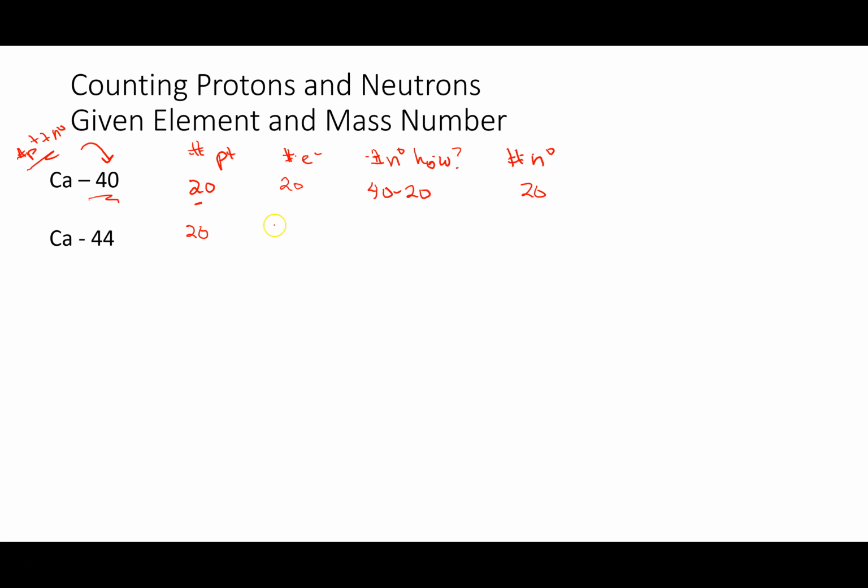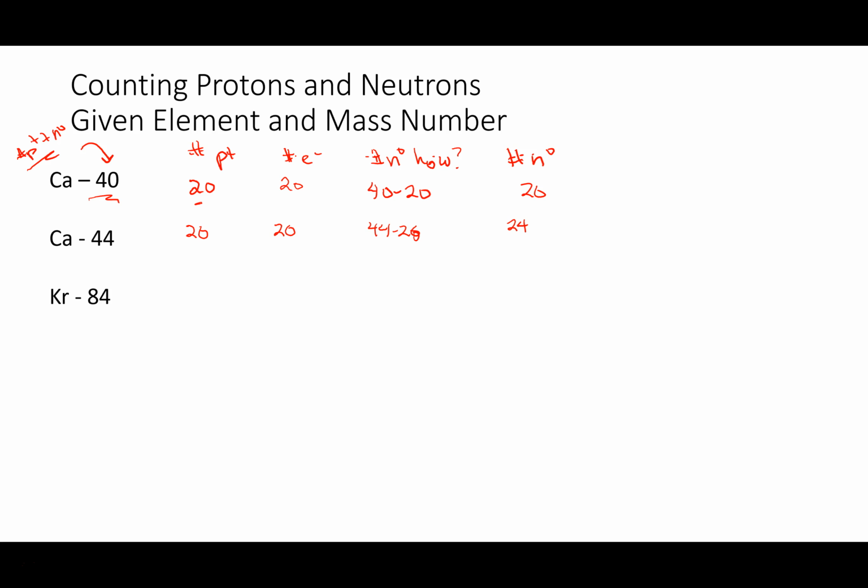Very good. Mackenzie, how are we going to calculate neutrons? 44. Very good. And I don't know if you need a calculator, Hannah, but so how many neutrons do we have? 24. Perfect. Yay. Awesome.